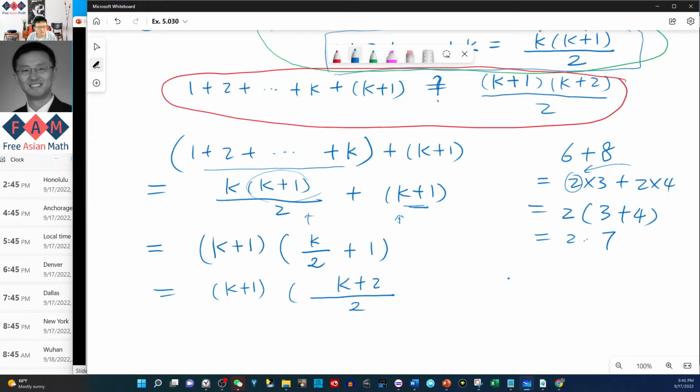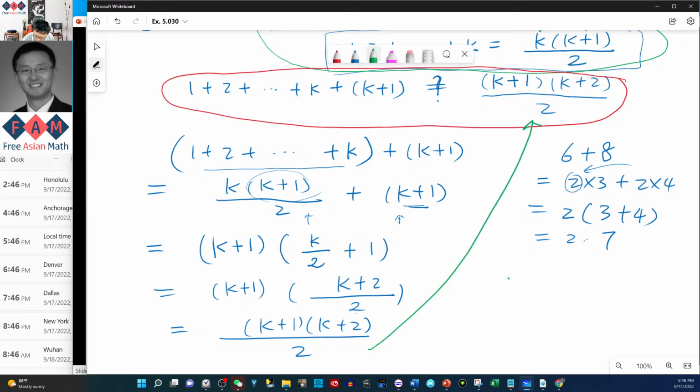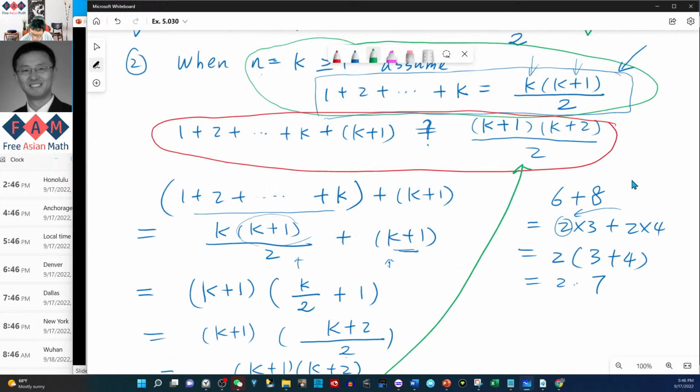Remember, 1 is just 2 over 2, right? You have already learned some basic fractions from your K to 4. And what is this? If we put 2 out, this is exactly what we want here. Compare this. Did you see that? This is exactly what we want to prove.